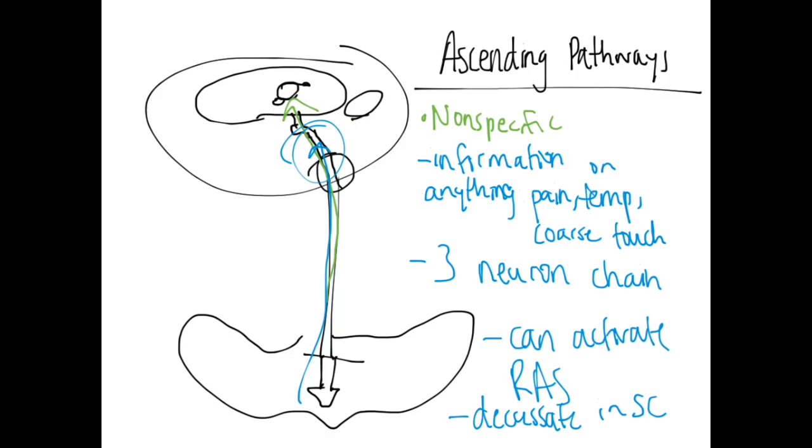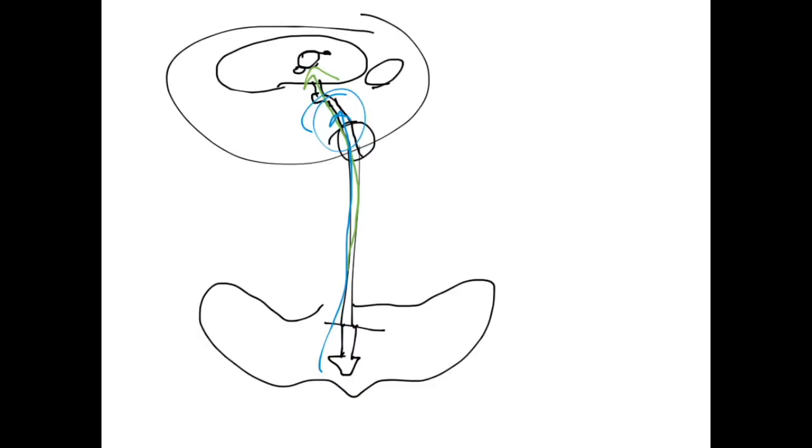So how is that different? Let's see if I can copy this picture over. How is that different than a specific ascending pathway? So basically, we want to look at what kind of stimuli is this going to be specific to? So things like light touch.